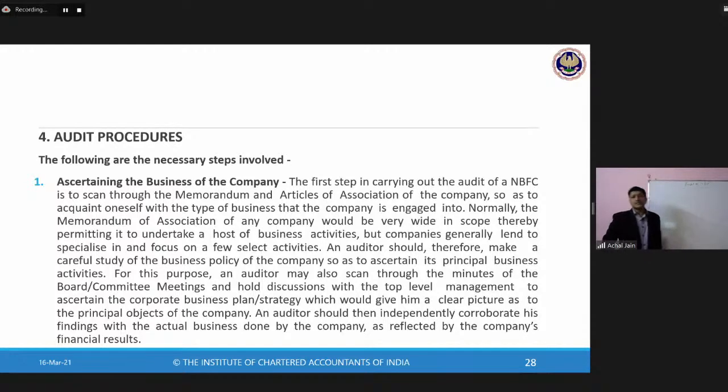Those charged with governance. NBFCs may also have an internal audit system similar to any other company. NBFCs may also have some external internal auditors who would be performing various areas from the perspective of assessment of internal controls, as to whether they are operating effectively or not. All of those areas, similar to what we have discussed earlier, will have to be evaluated by the auditor.